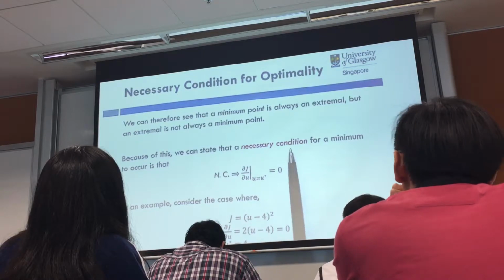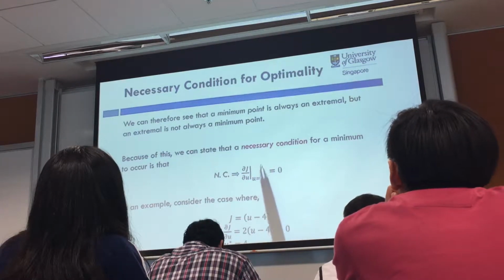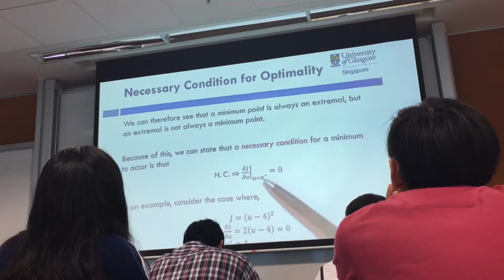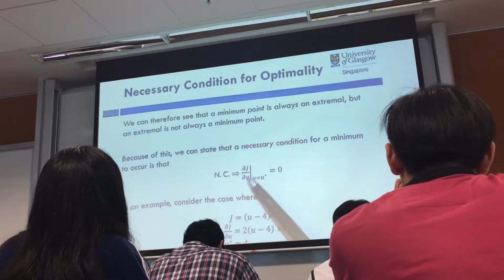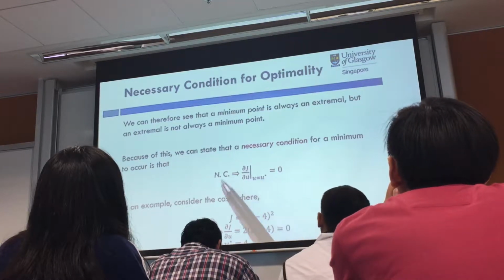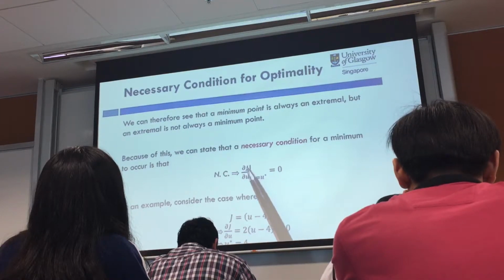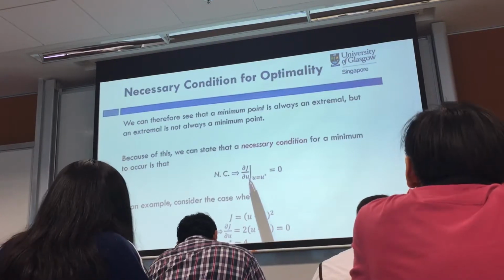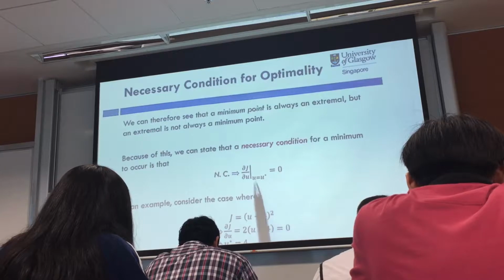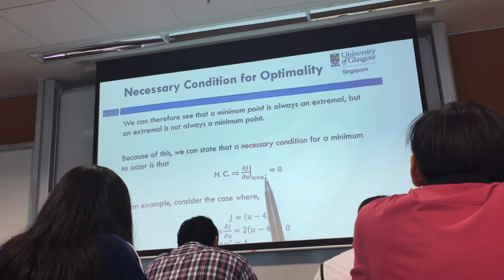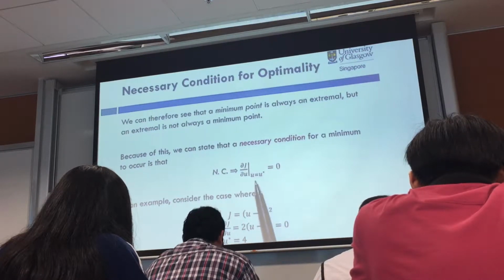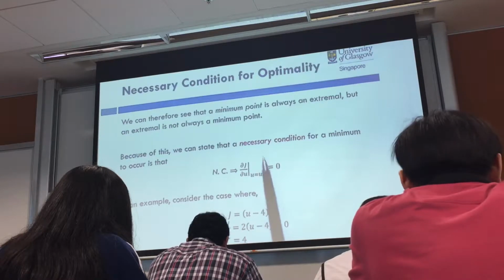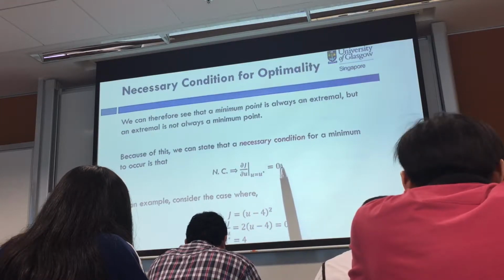The necessary condition for the minimizing solution is we calculate the derivative of the cost function in terms of your control input, and at the minimizing point, this derivative should be equal to 0.